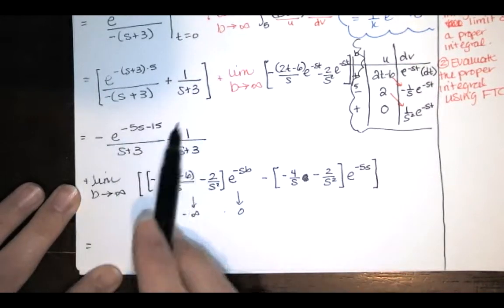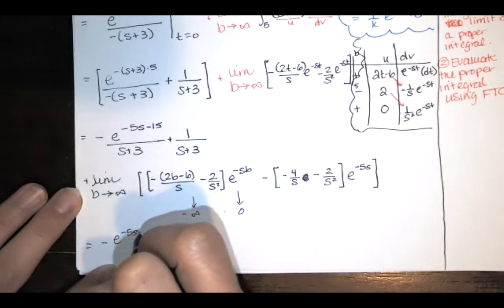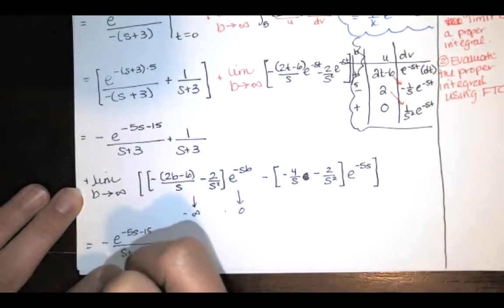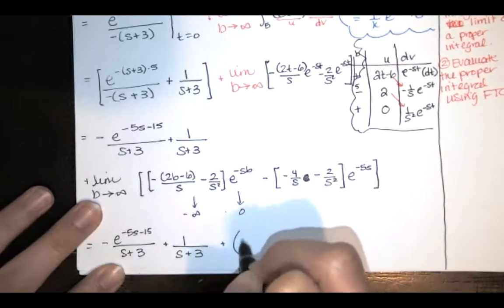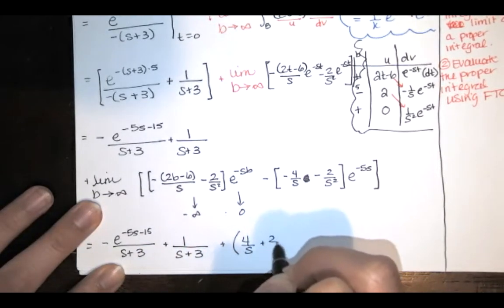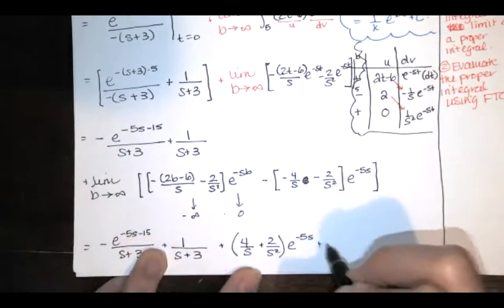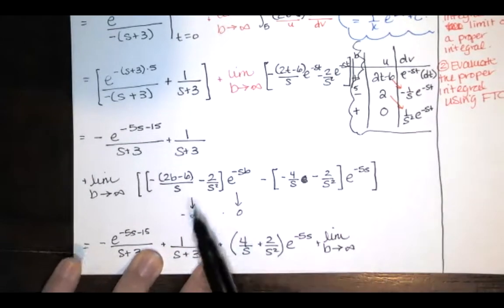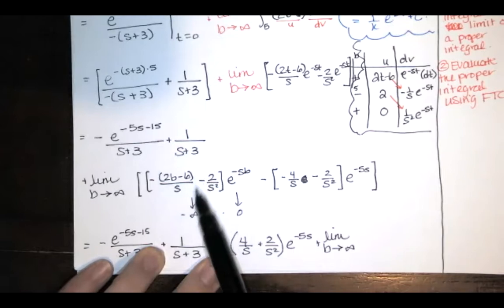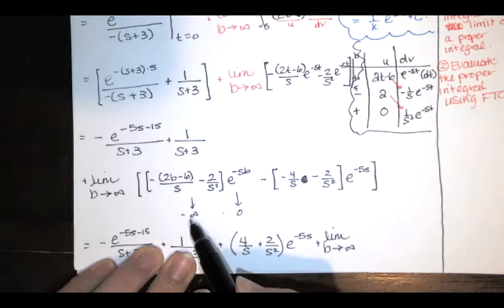So we've got this plus this plus this, plus the limit as b goes to infinity of this expression. If I want to write this as a negative infinity over infinity indeterminate form, I'll just put this in the denominator.